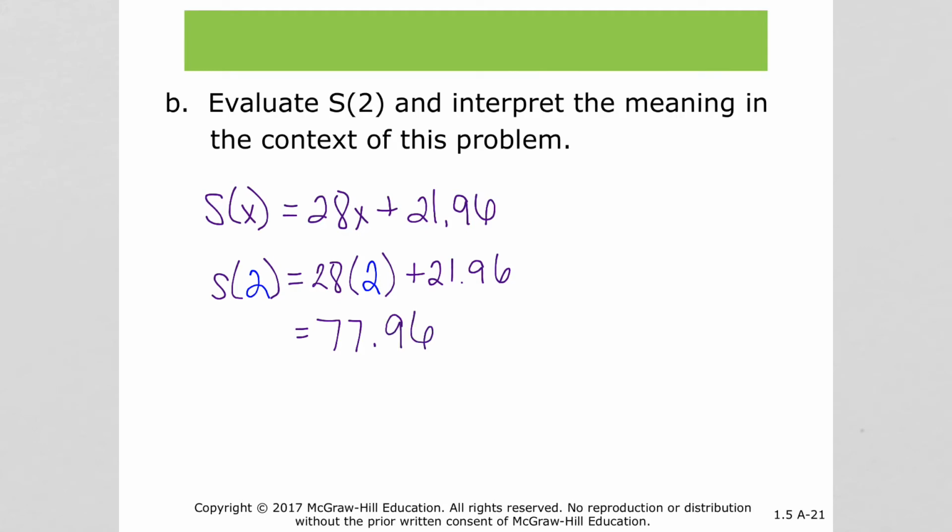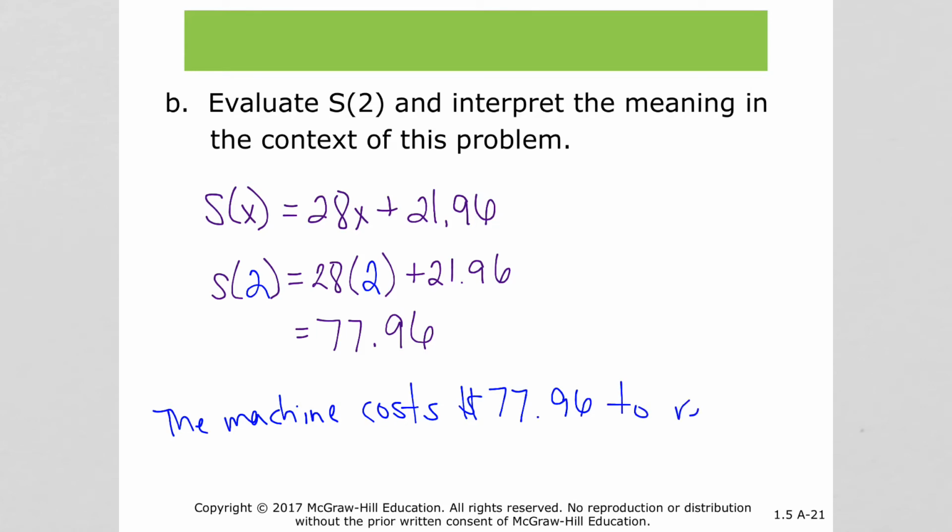Now, what does that mean in the context of this problem? Well, X was the number of days, right? So, the machine costs $77.96 to rent for 2 days with the two bottles of shampoo.